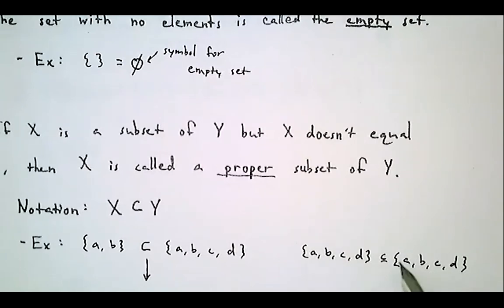So A, B, C, and D, but they're equal to each other. So just a normal subset, like a non-proper subset, is going to be equal.